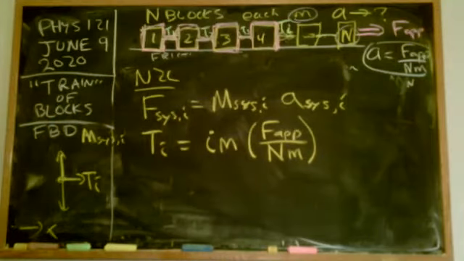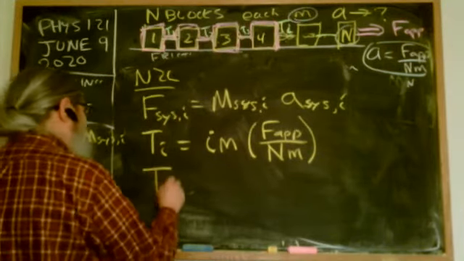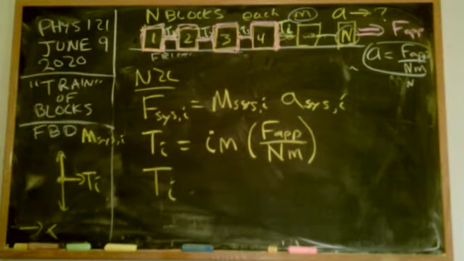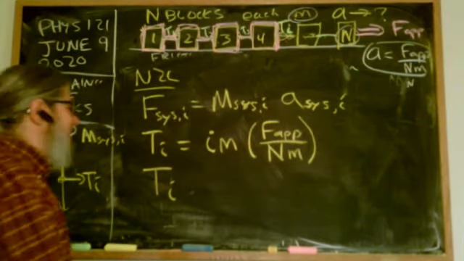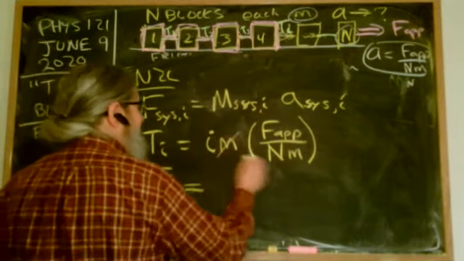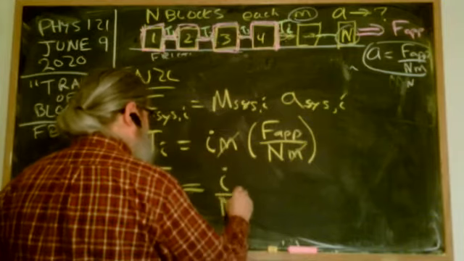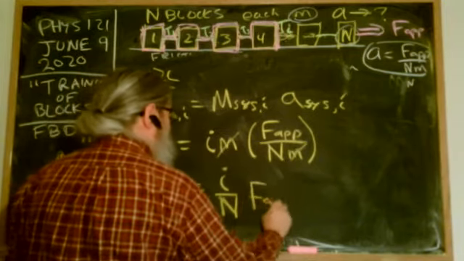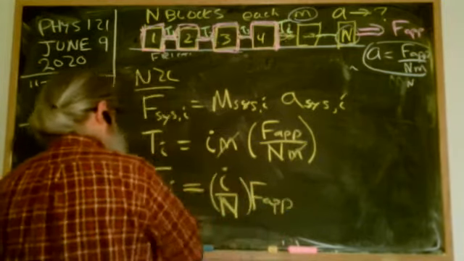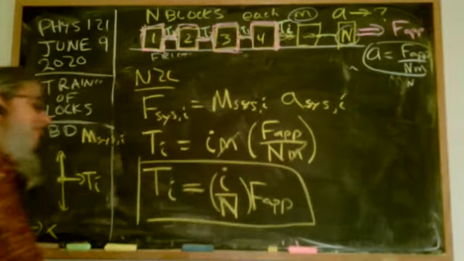Well, things are simplifying really fast. So the tension on the ith block, to the right of the ith block basically, is equal to, well, the m's cancel, and I get the ratio i over n times F_app. Yay!